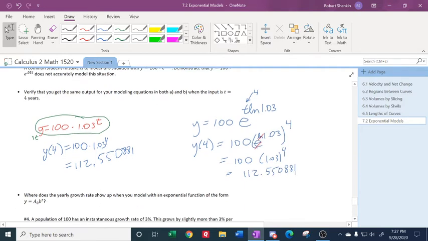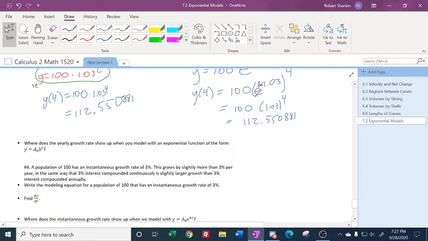Okay. Now, these are really important questions. Where does the yearly growth rate show up when you model with an exponential function of this form? So this one is this. And where does the yearly growth rate show up?